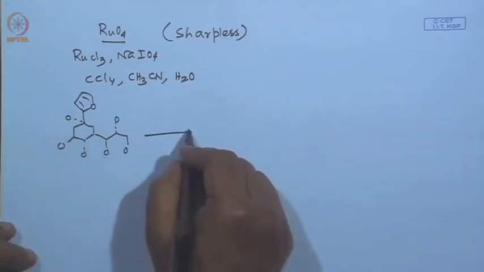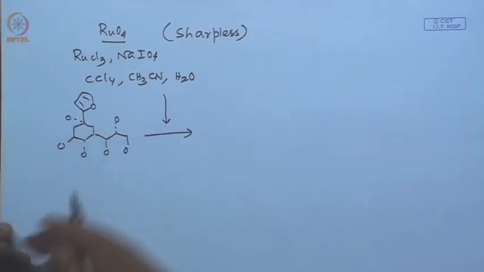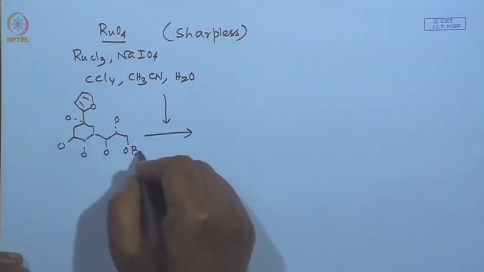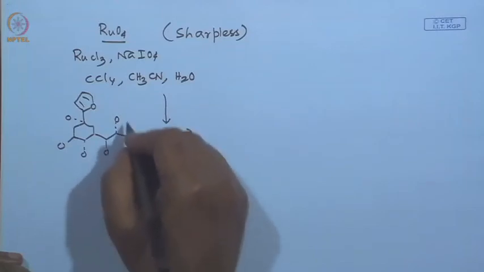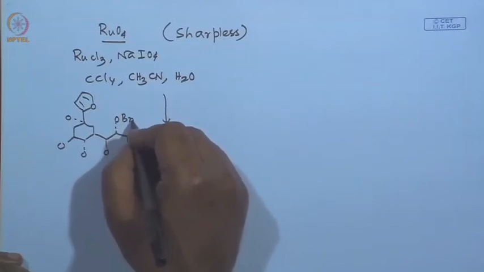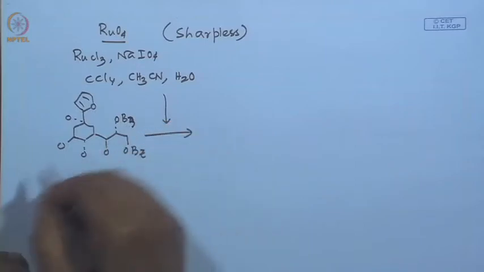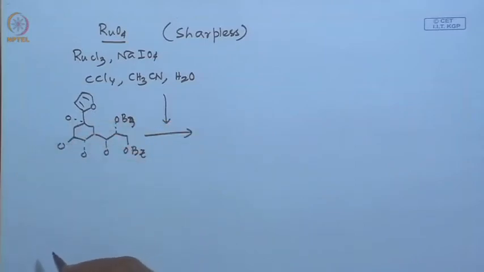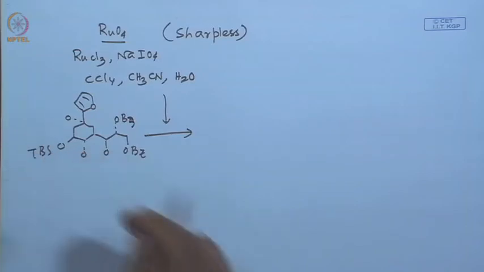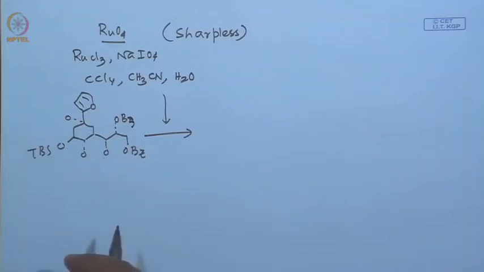When you apply this reagent, what would you expect? These are all benzyl groups, that means benzoate, benzoyl groups. One of these oxygens is actually TBS. It does not matter, that means all these oxygens are now protected.